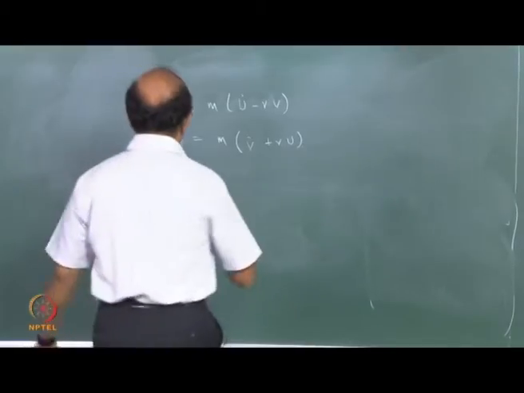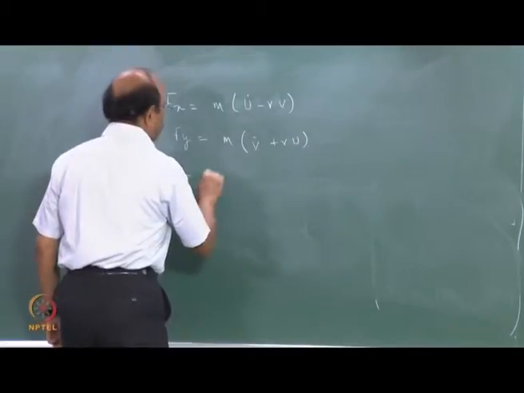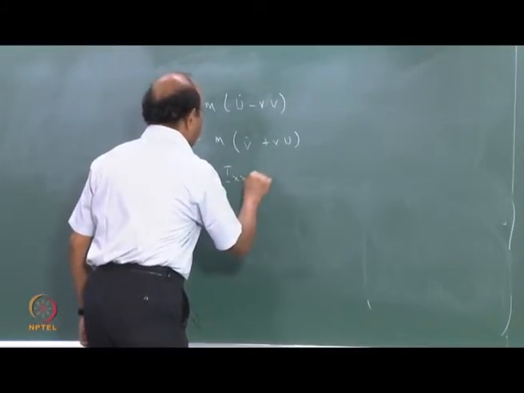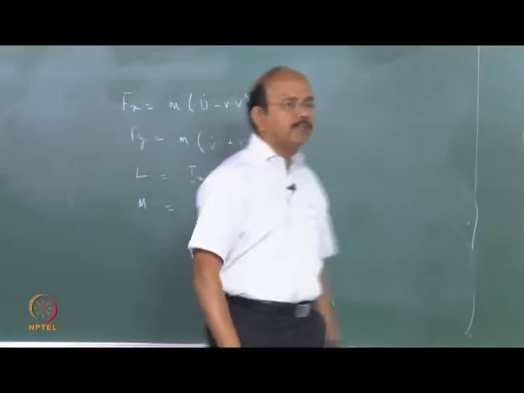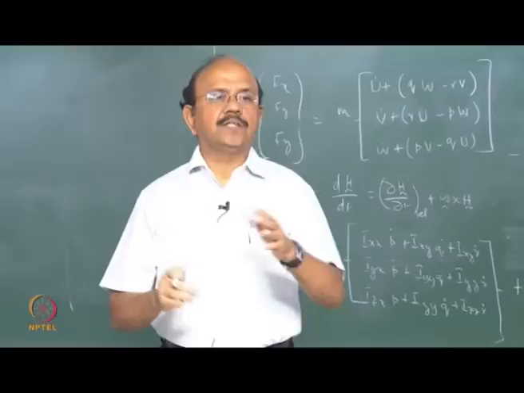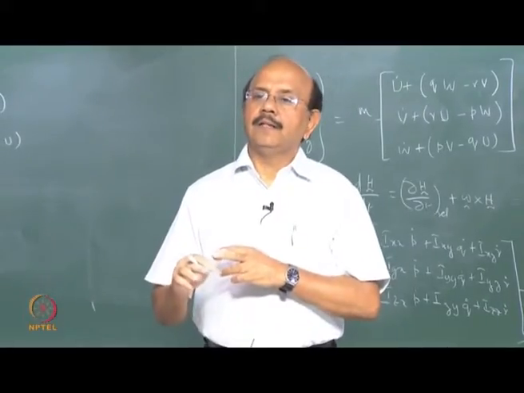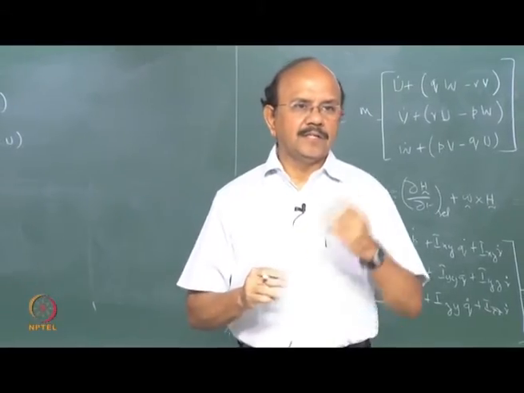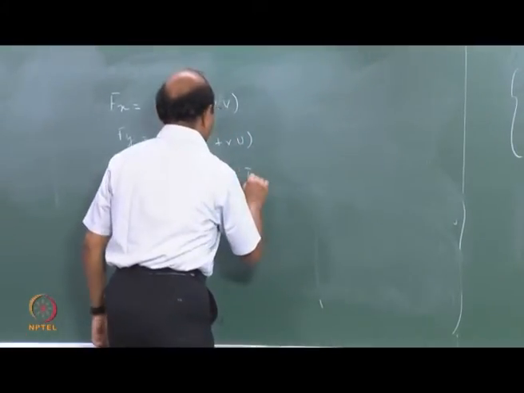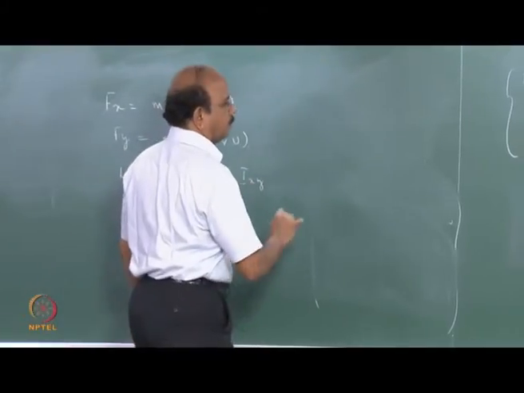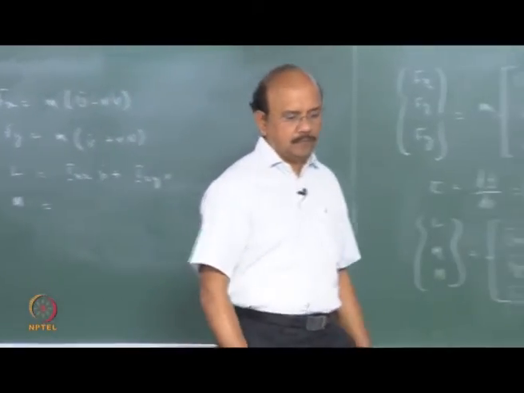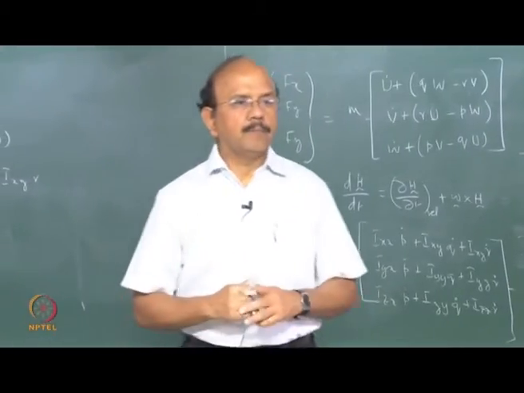And what is my L and M? L and M from my expressions here. The first term will be Ixx into P dot. If you are not considering symmetry, not considering that you are in the principal axis, then Ixz will be there. So Ixz into R, and so on.